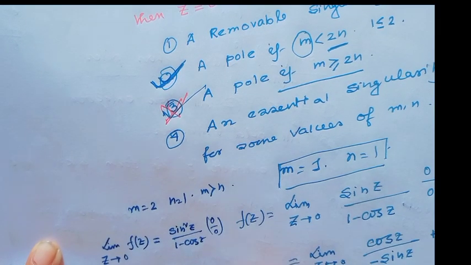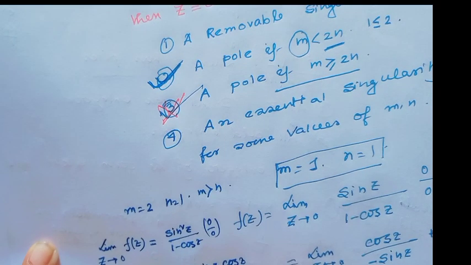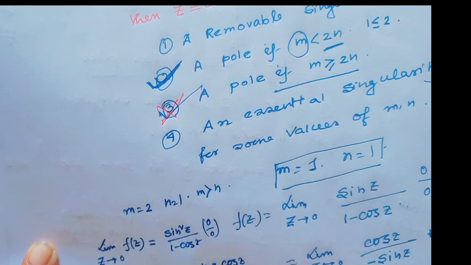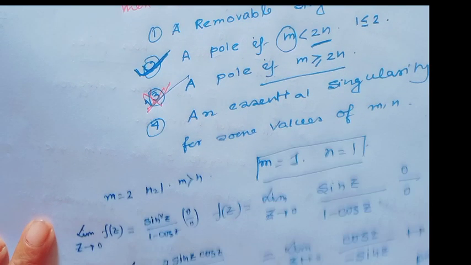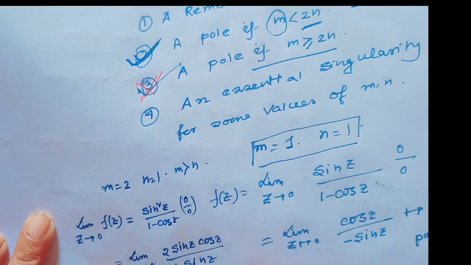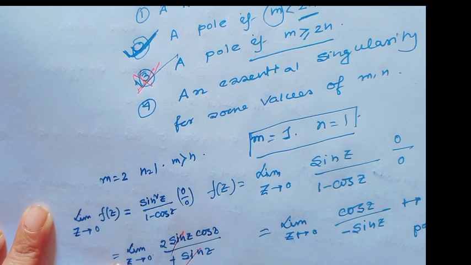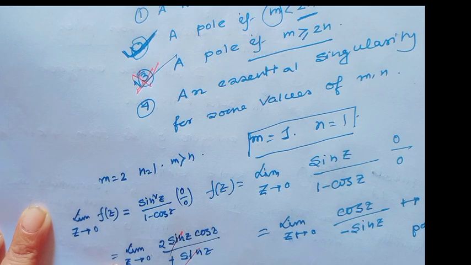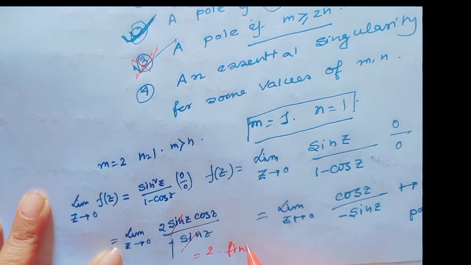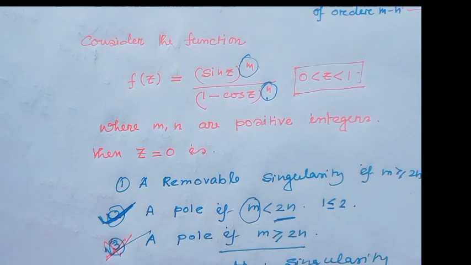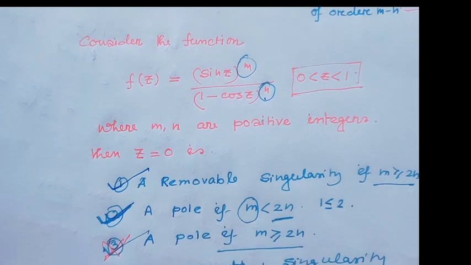Limit z tends to 0, 2 sin z cos z over, derivative of cos z means minus sin z. Then here minus would be plus, sin z would be cancelled. Then this value would be 2. Limit z tends to 0, this value is 2. 2 is a finite number. So when m greater than equal to 2n, then this singularity is removable singularity.